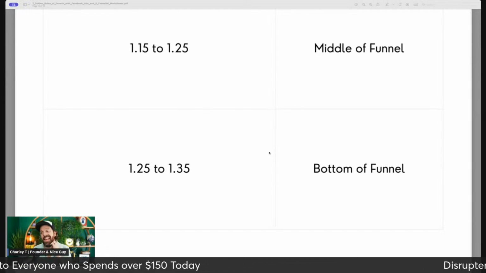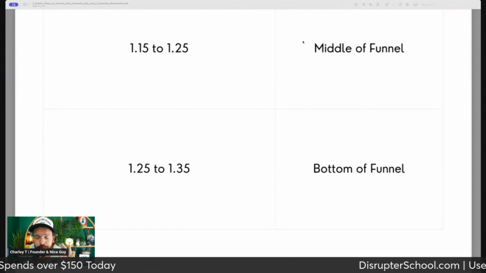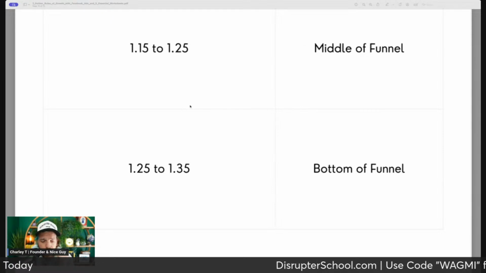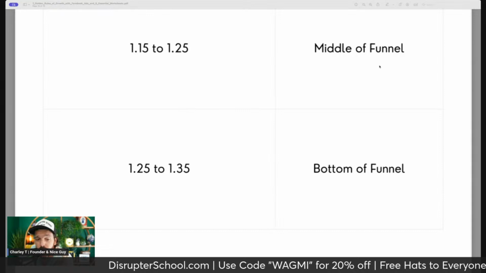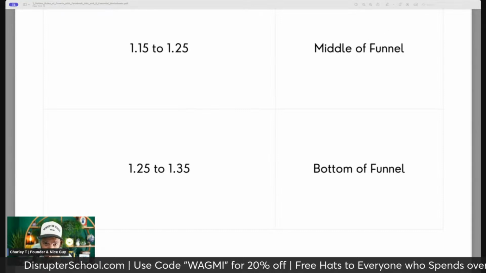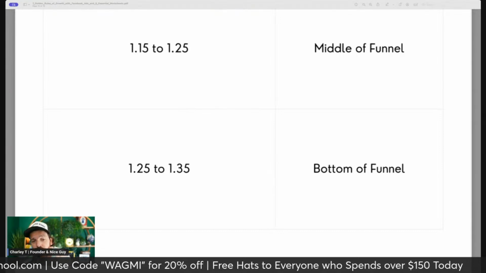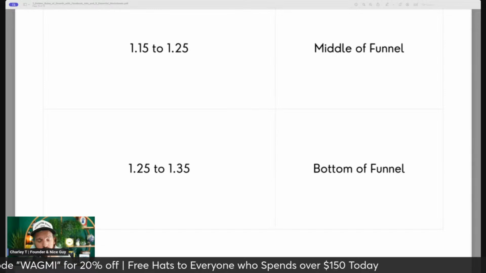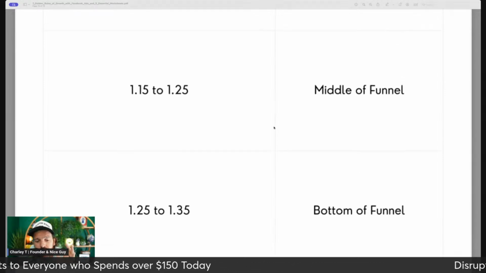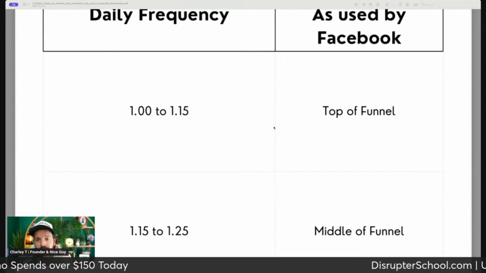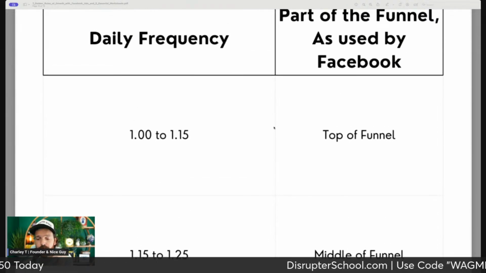Now, what does this all mean for you? By the way, if anybody has any questions on this stuff, drop it into the chat and we'll dive into it. What this means is this is how the platform is using your ads.